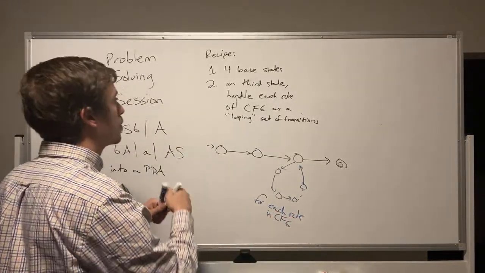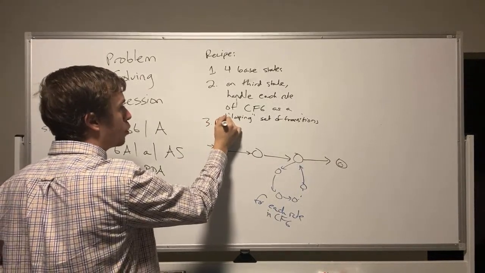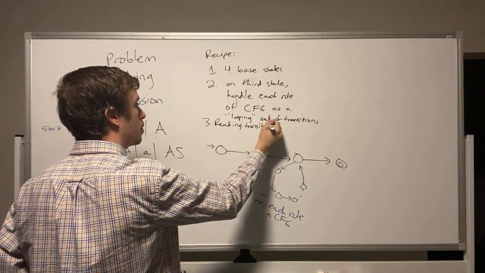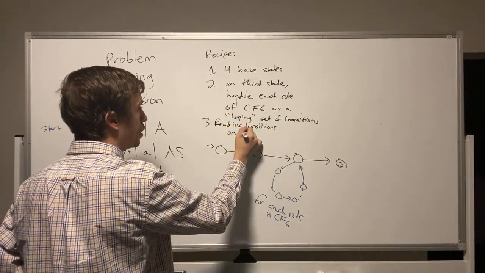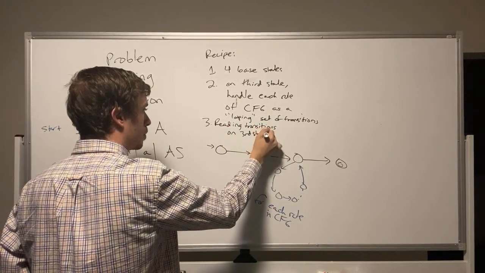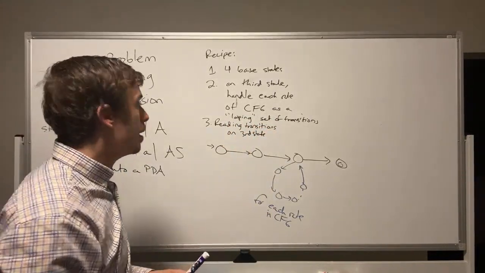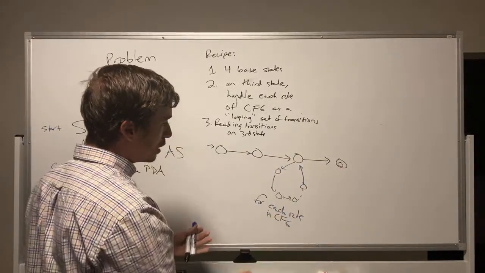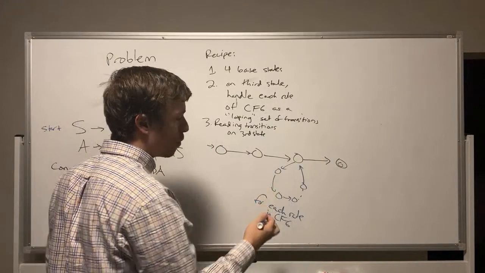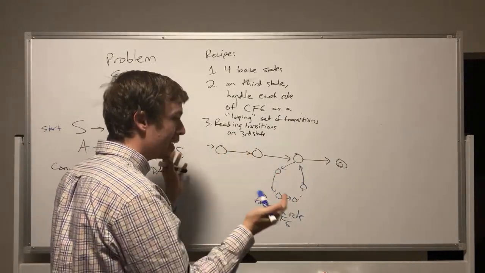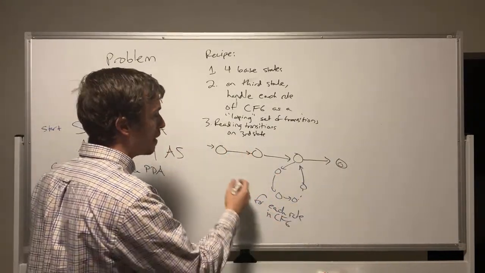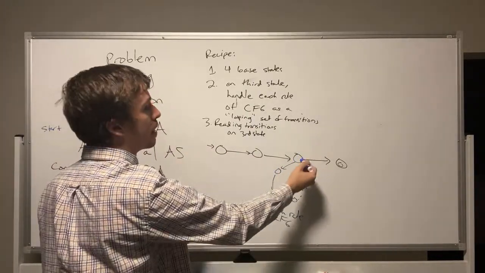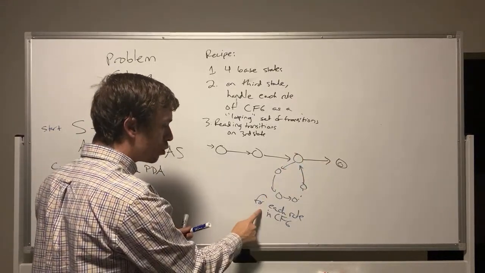And actually the third thing is reading transitions on, again, the third state. And we'll see how to do that. But it's basically this structure. So you have 4 base states. It doesn't have to be exactly this, but it's a nice algorithmic way of doing it. 4 base states, 1 set of transitions that go out and come back on the third state for each rule in the grammar.